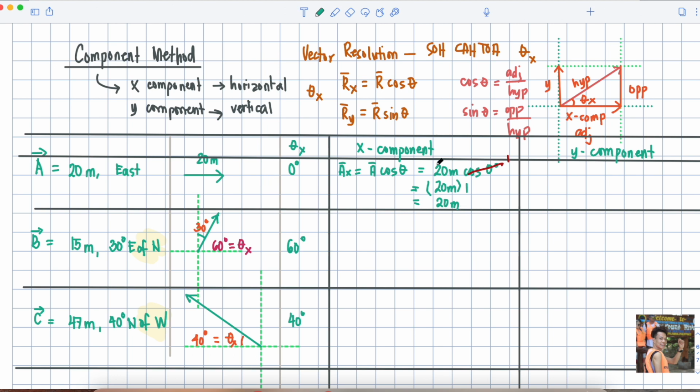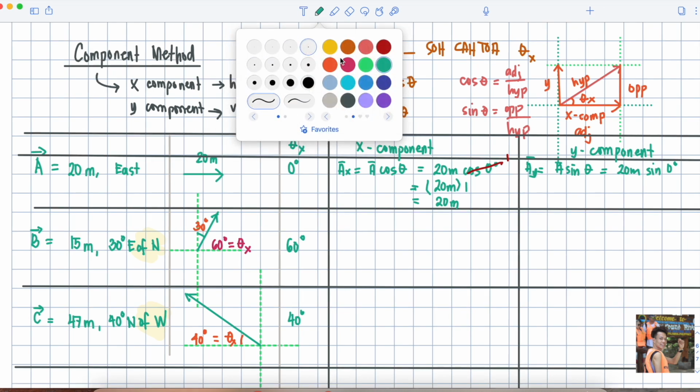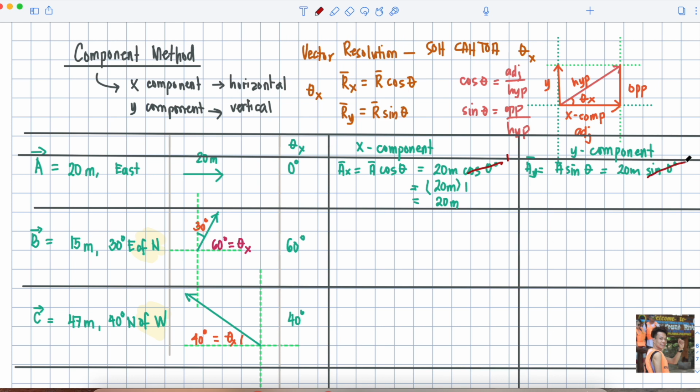Next, let's get the y component of vector A. Ay is equal to A sine theta. Substitute the values: 20 meters sine 0 degrees. And using your calculator, you could confirm that sine 0 is equal to 0.